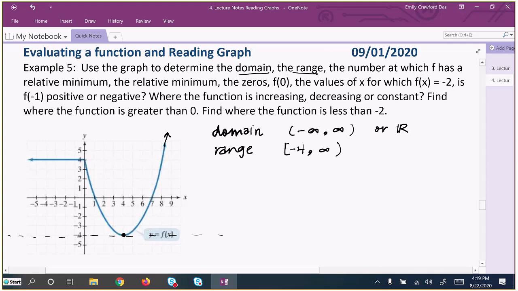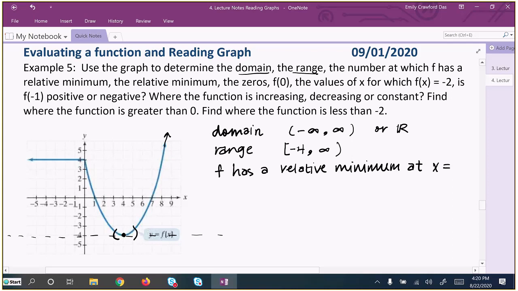Then it asks the number at which f has a relative minimum. This point is in fact the relative minimum, because if I take, say, an open interval around it, all of the values inside of the open interval are larger than its value.